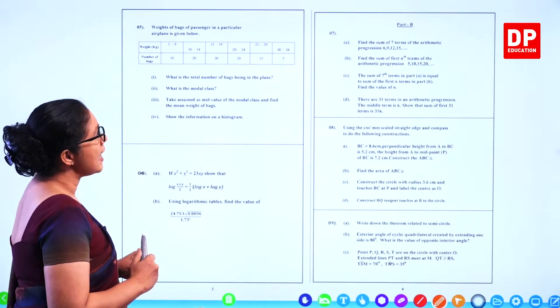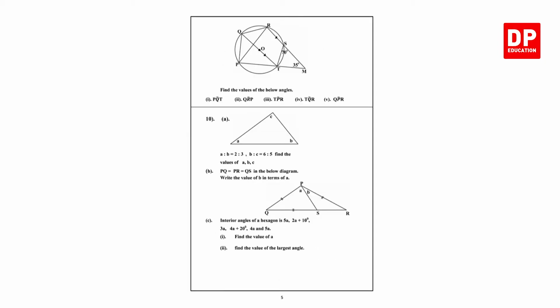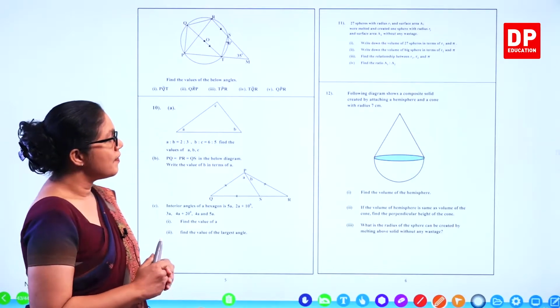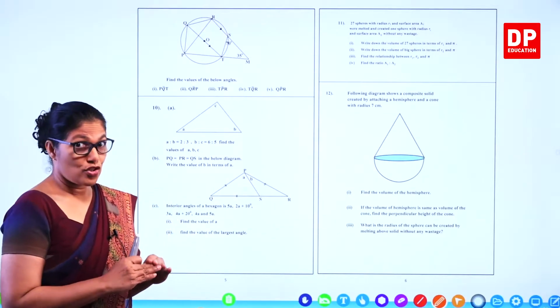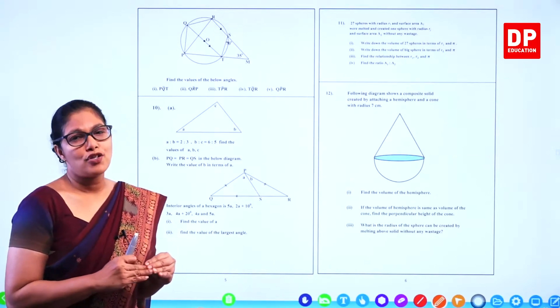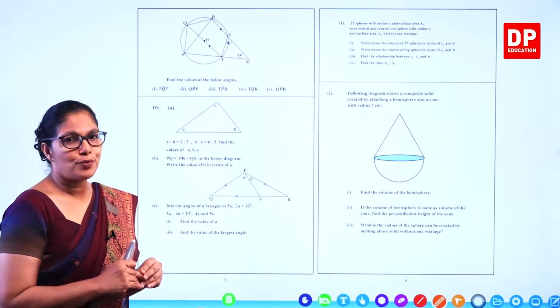That's part A. Part B you get question number 7, 8, 9, 10, 11 and 12. So make sure that you read the questions carefully first and select 5 questions from each part. So let's do this paper 2.